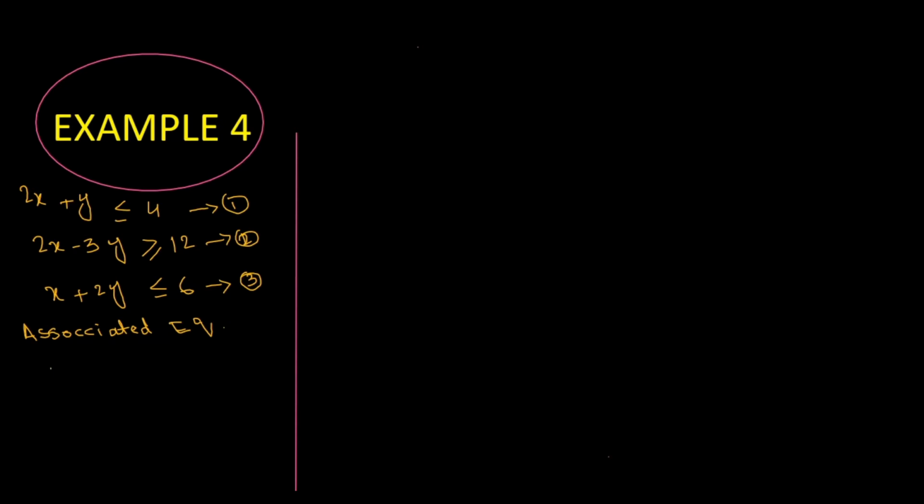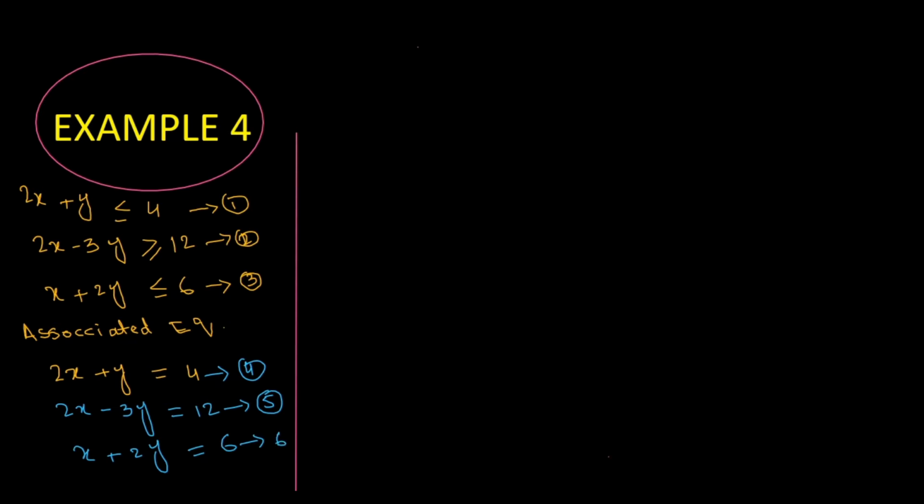The associated equations are 2x plus y equals 4, 2x minus 3y equals 12, and in a similar way, x plus 2y equals 6. Let us name these equations 4, 5 and 6. Now we solve these equations.